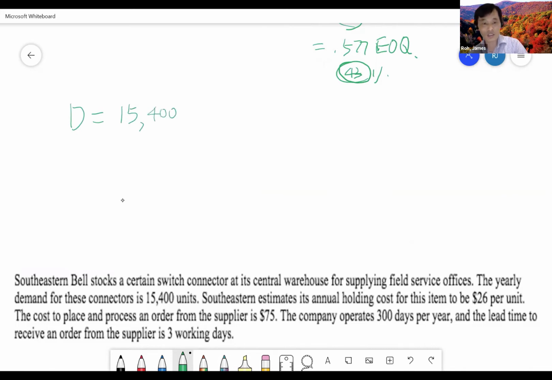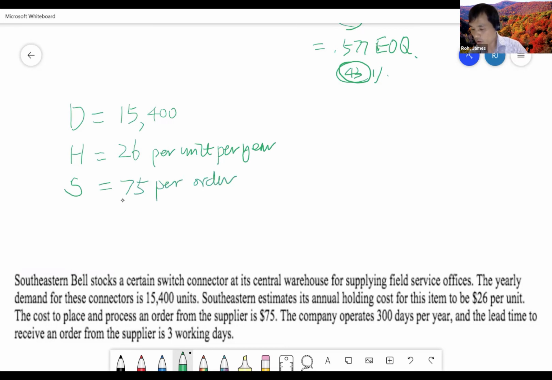And then we see that holding cost is $26 per unit, per year. So you have to figure that out. And then setup cost says $75 per order, right? So that's what it is.